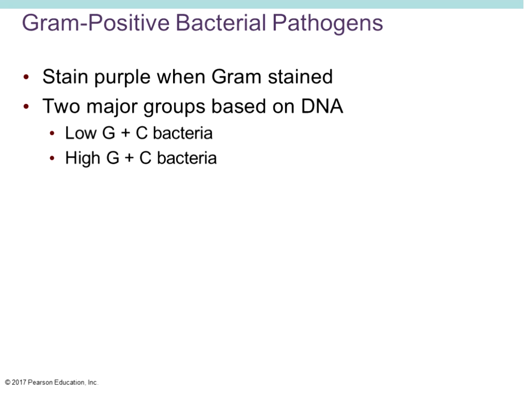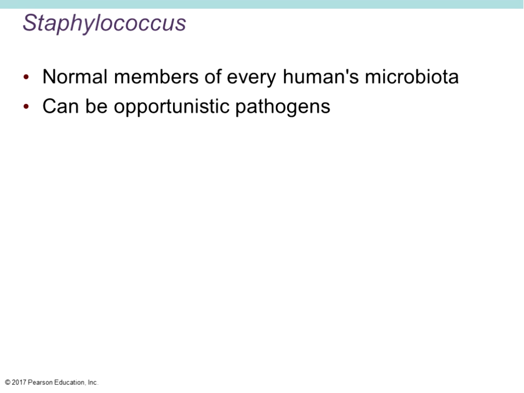Low G+C gram-positive bacteria have 3 genera of pathogenic cocci: Staphylococcus, Streptococcus, and Enterococcus. There are 3 genera of pathogenic bacilli that are these low G+C gram-positive: Bacillus, Clostridium, and Listeria. The mycoplasma is a group that kind of sits on the outside of this because they don't have cell walls.